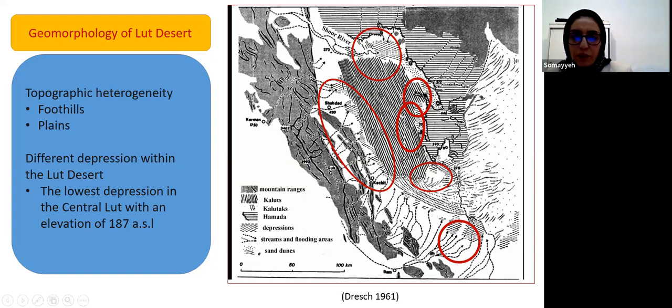So we have the foothills and we have the plain inside the Lut or the central Lut. But even these parts are not homogeneous. So we have different depressions, and the lowest one is here in the central Lut with the elevation of 187 ASL.